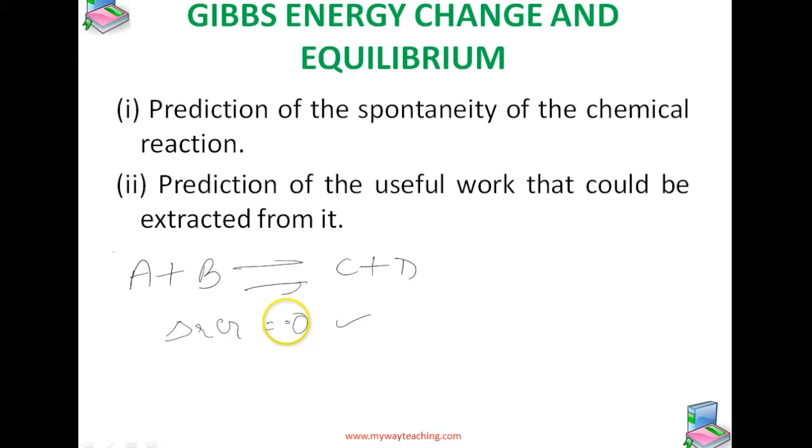Now, Gibbs energy for a reaction in which all the reactants and products are in standard state, delta R G standard, is related to the equilibrium constant.